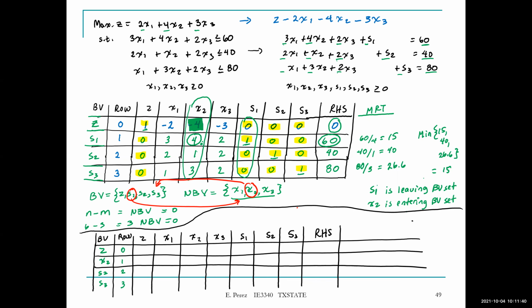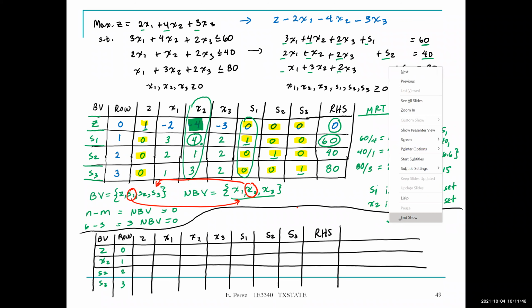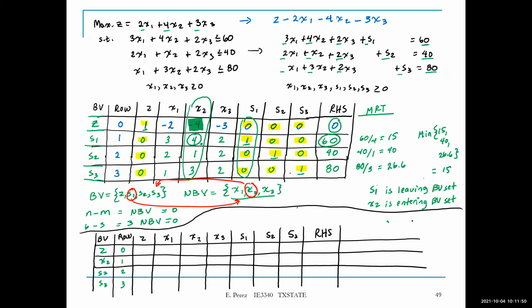So what this is saying, so now I'm going to multiply this by 1/4, and I'm going to put that result here. So that will be 0.